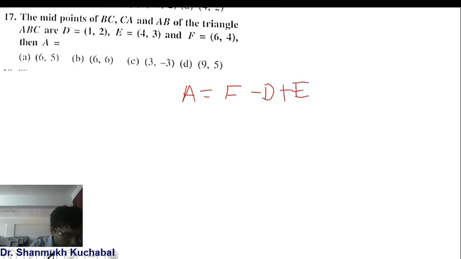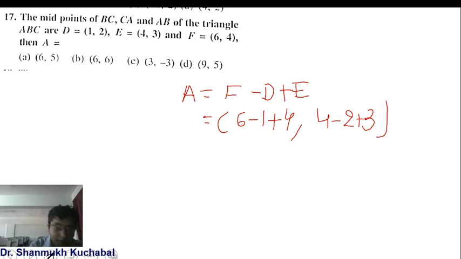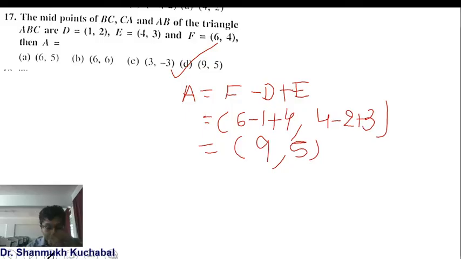Earlier formula only I am using. So substitute the values: 6 minus 1 plus 4, and next 4 minus 2 plus 3. Simplify and we get (9, 5). Therefore option D is the right answer.